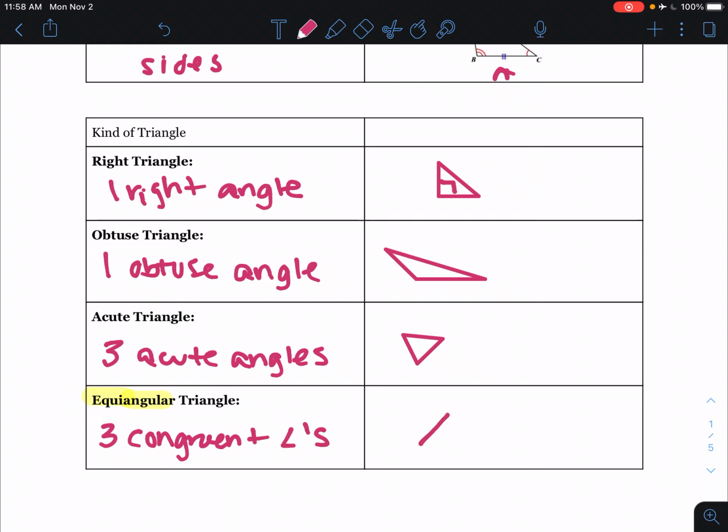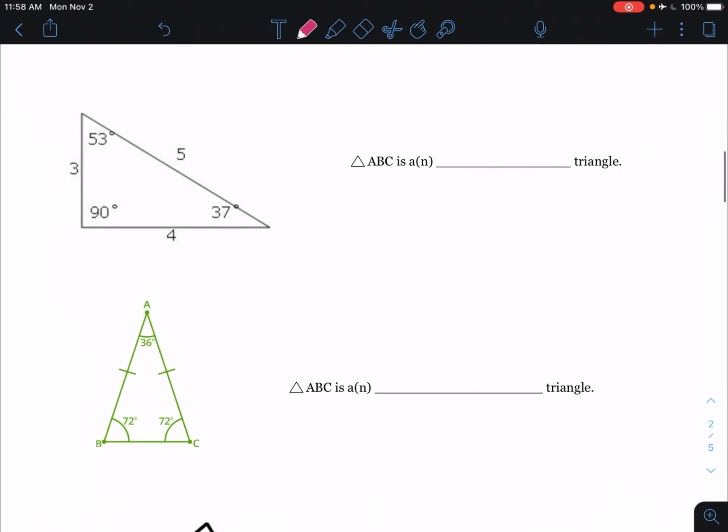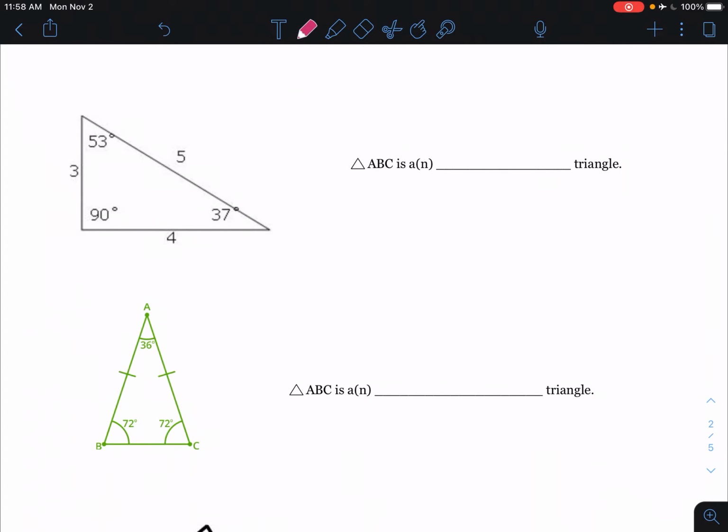So that's going to look a little bit something like this. I can't draw it exactly. But like that, it would be three perfectly congruent angle measurements. So it'll give you these tick marks. An equiangular triangle.